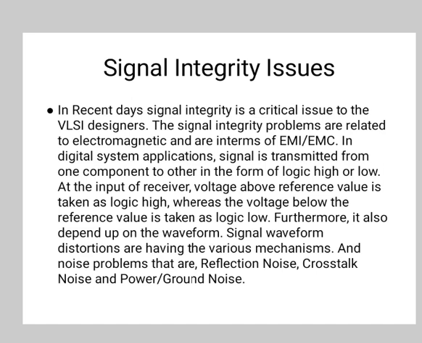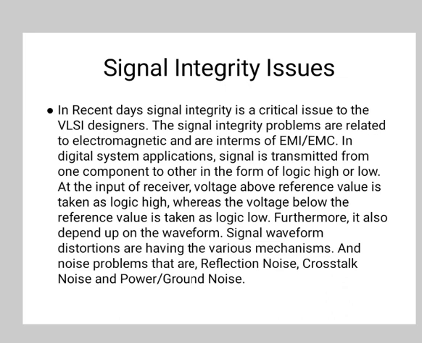The signal waveform distortion can be caused by different mechanisms, but there are 3 main noise problems. One is reflection noise, which is due to impedance mismatch, stubs, wires, and other interconnect discontinuities. Next is crosstalk noise, due to the electromagnetic coupling between the signal traces and wires.